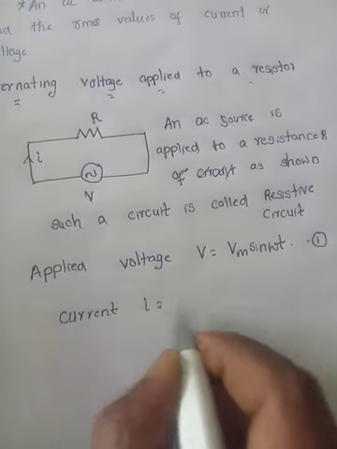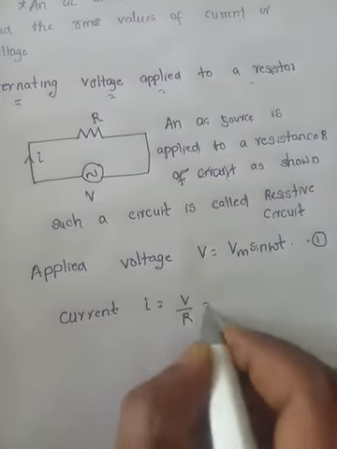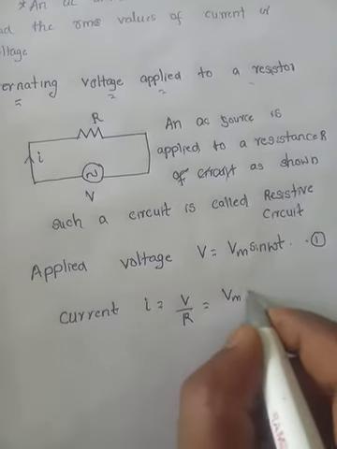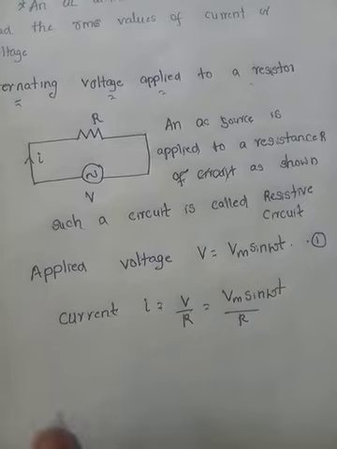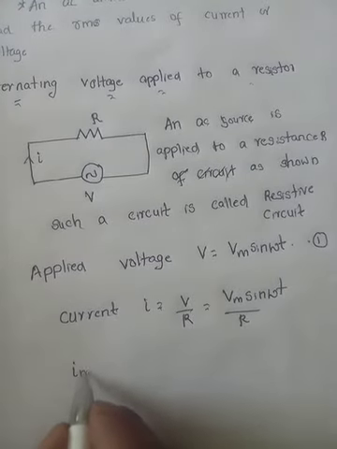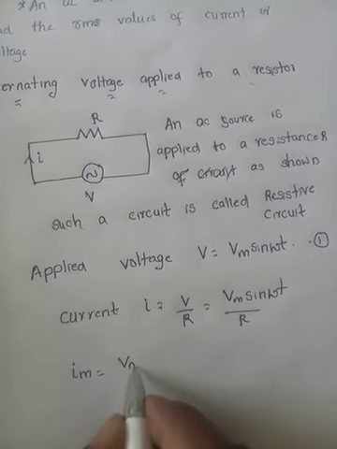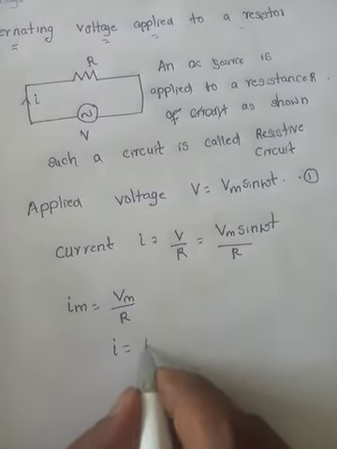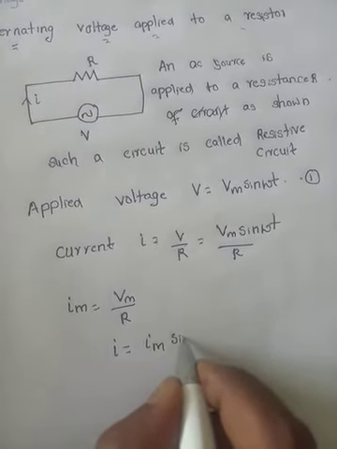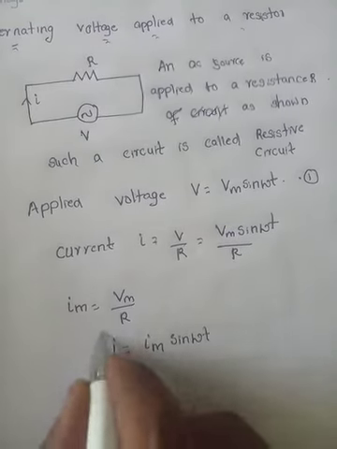Current I is equal to V by R, that is Vm sin omega t by R. As we know, maximum current is equal to maximum voltage by resistance, so we can write I is equal to Im sin omega t.